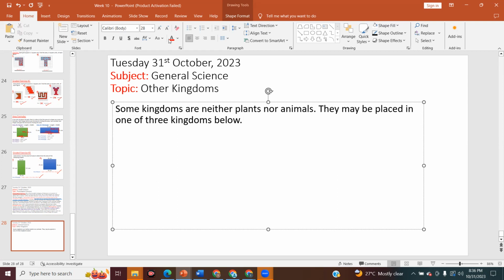Usually in primary school, we think about things as, oh, this one is plants and this one is animals. So for example, give me an example of 3 plants that you know of.